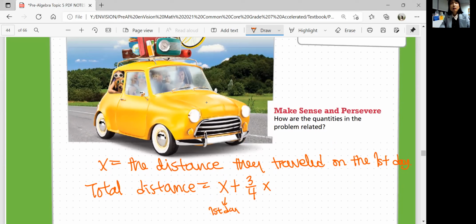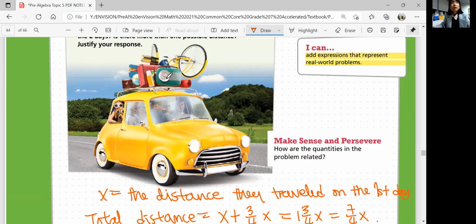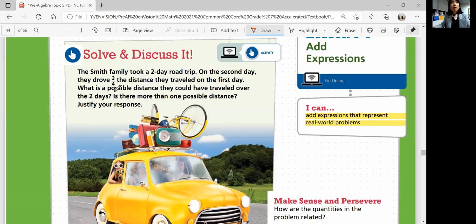First day, and that's second day. Which, if you simplify like terms, would be what? 1 plus 3/4 would be 1 3/4 X or 7/4 X.